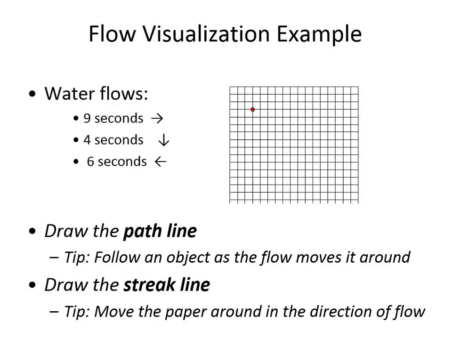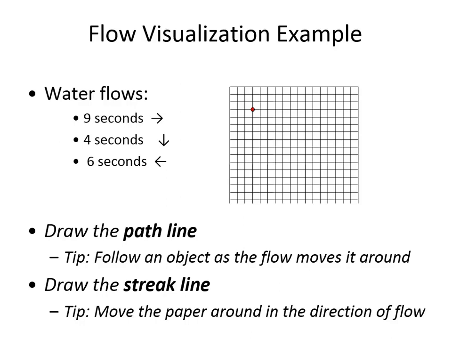If I start here, I need to move the paper to the right for 9 seconds, 1, 2, 3, 4, 5, 6, 7, 8, 9. And then I need to move the paper down for 4 seconds, 1, 2, 3, 4. And then I need to move the paper to the left for 6 seconds, 1, 2, 3, 4, 5, 6. And this is the end, and this is the beginning of the streak line.